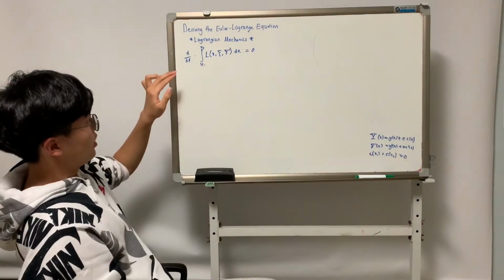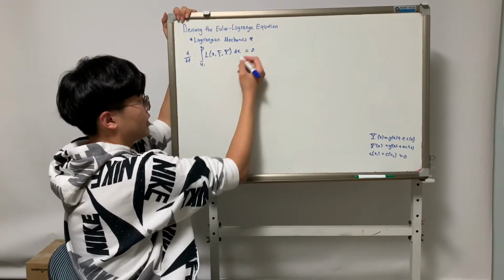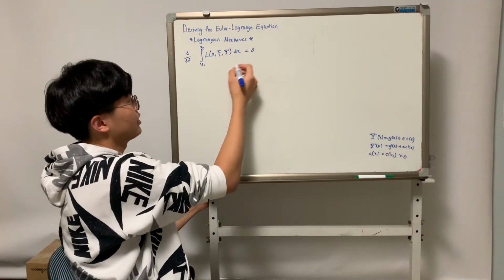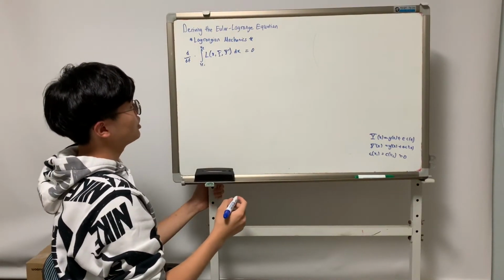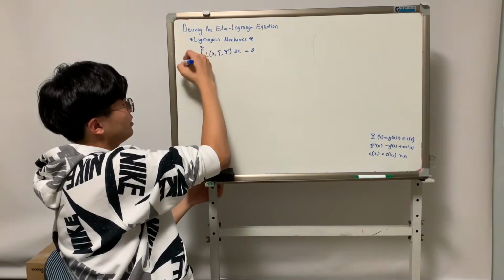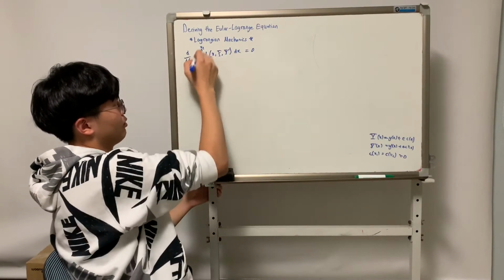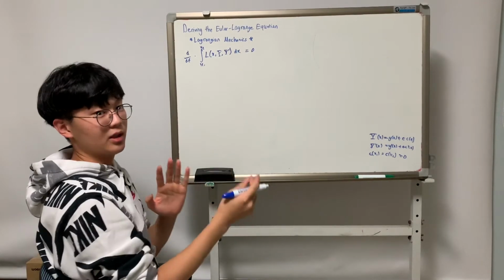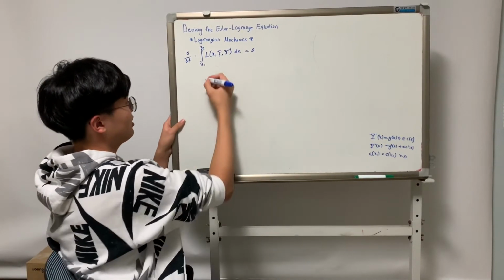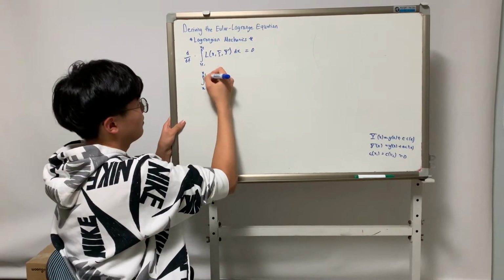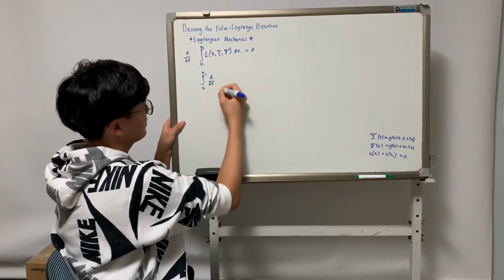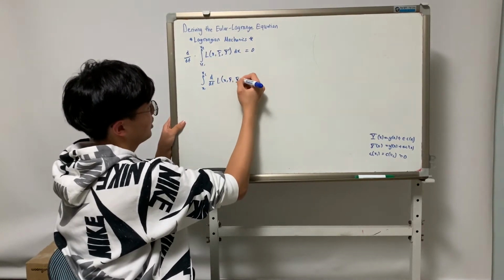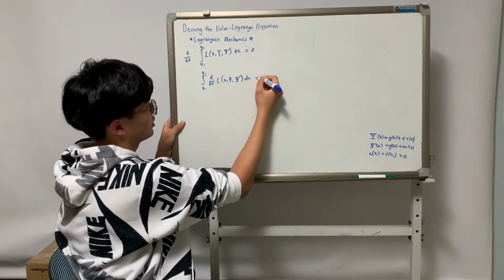Because the variable that we're interested in this integral is x, we could move this into the integral, because this is basically a constant when we are dealing in terms of x. And so we get the integral from x1 to x2 of d of the epsilon of L of x, y, y prime dx equal to 0.